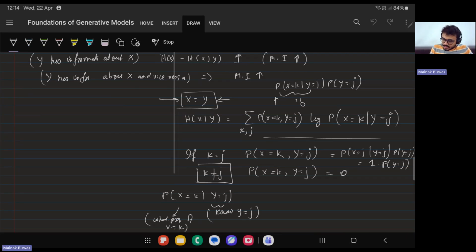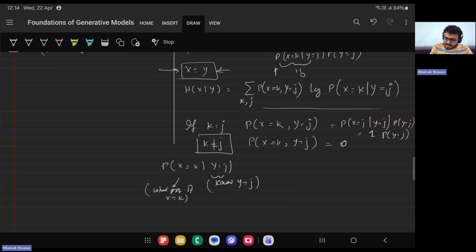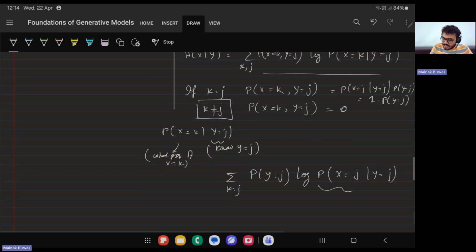Very good. So now let us write down the summation. I will have only where K equal to J, the probability of Y equal to J into log of P of X equal to J given Y equal to J. Again, these terms are equal to 1, so this is log of 1, which is equal to 0.